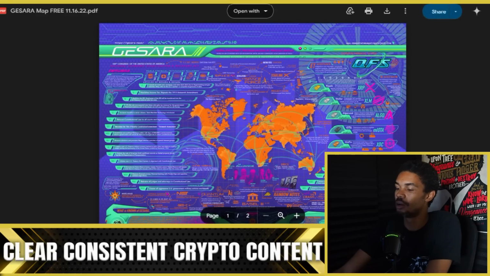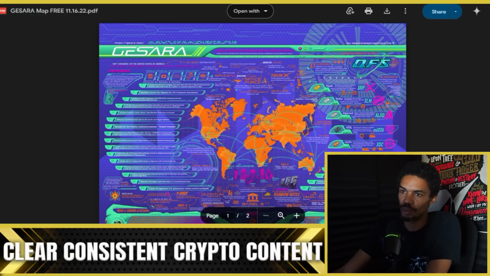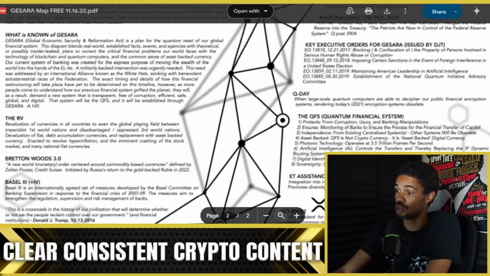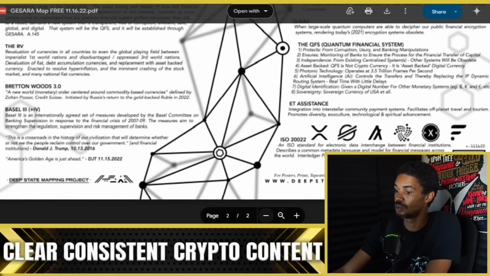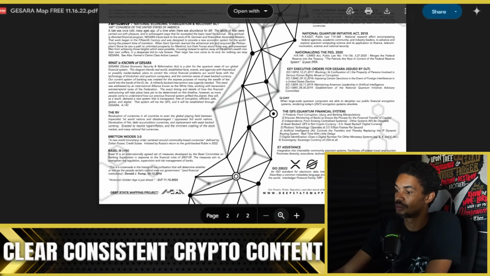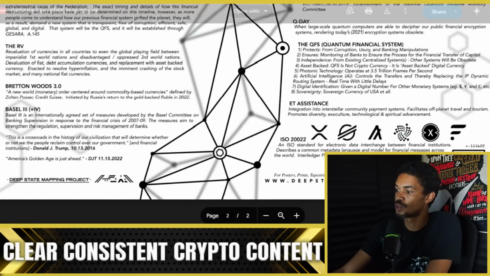So I know I said that was the last thing, but this is officially the last thing, guys. Have to go back to this map. We had to go back to this map because at the bottom, what do you see here? Let me make sure you guys can see that. It's a Flare network.